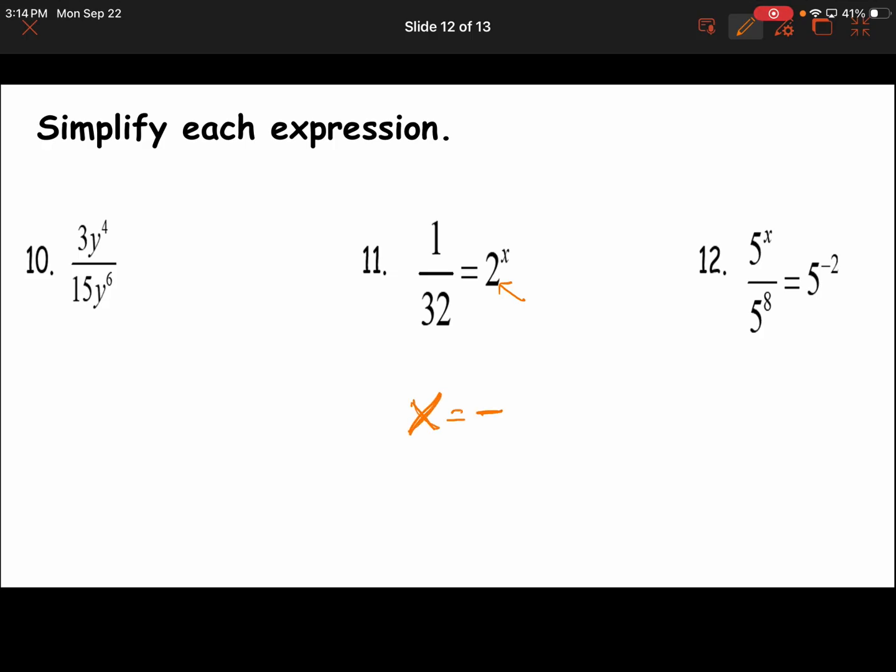And then you have to figure out how many 2's it takes to get to 32. Like 2 to the 2nd is only 4. 2 to the 3rd is 8. 2 to the 4th would be 16. So 2 to the 5th would be 32. X to the negative 5.